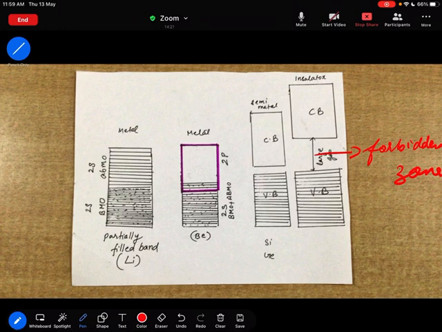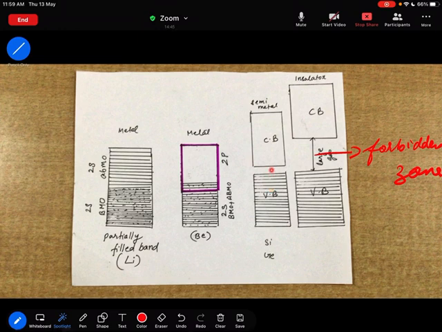Now we are going to learn semiconductors. If the gap between the valence band and the conduction band is very small, then electrons can jump to it and show conductivity. Conductivity of a semiconductor increases with increase in temperature.